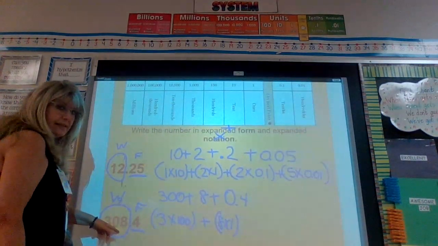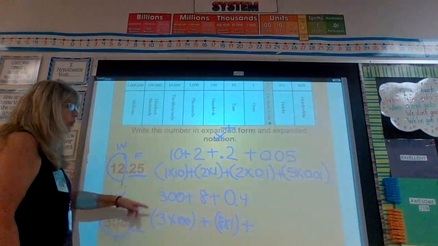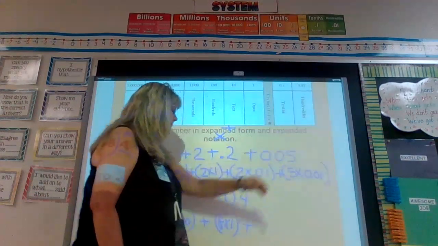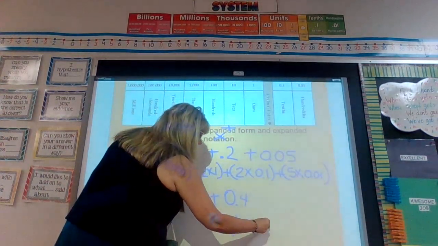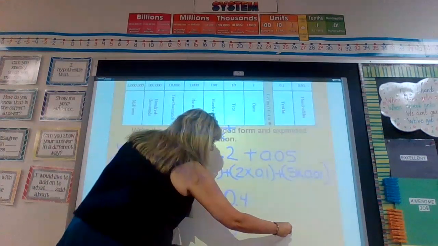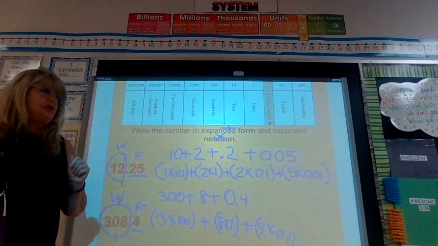That there is the decimal point, so I know that I'm going to put the 4 and drop it right here. So that 4 is in the 4 times 0.1.